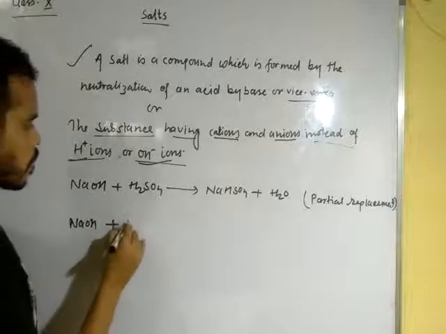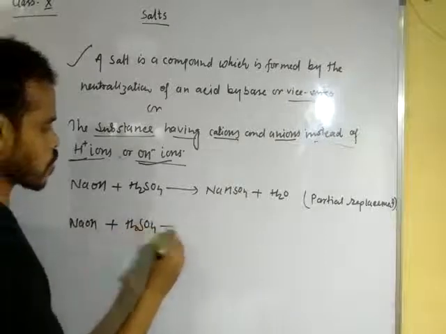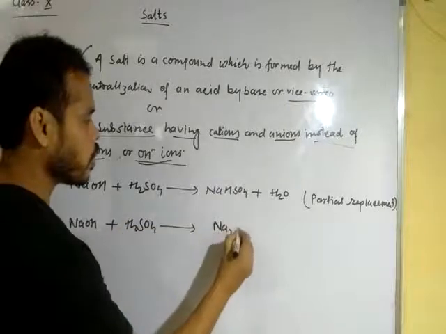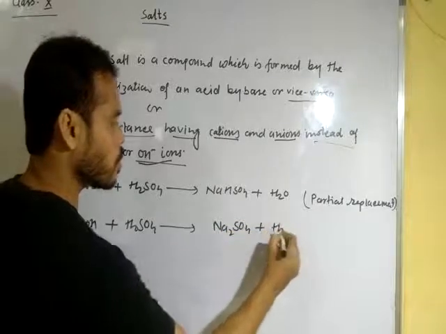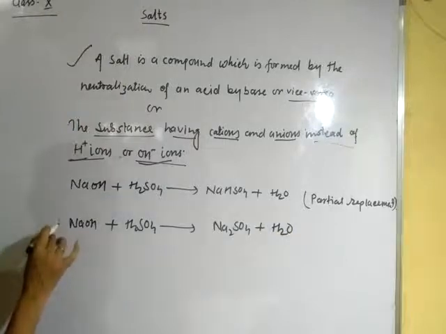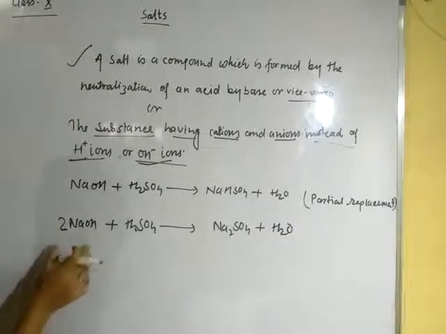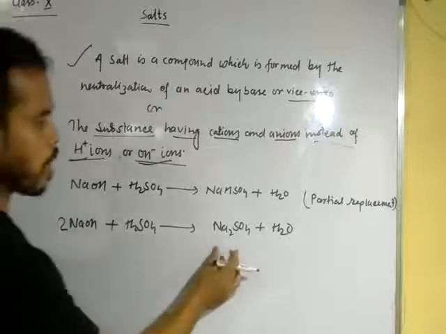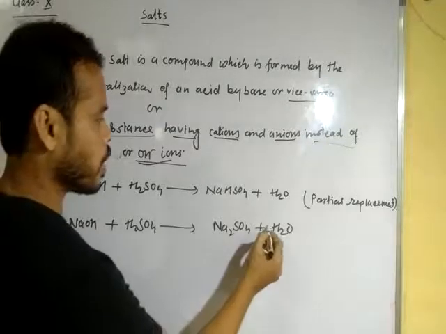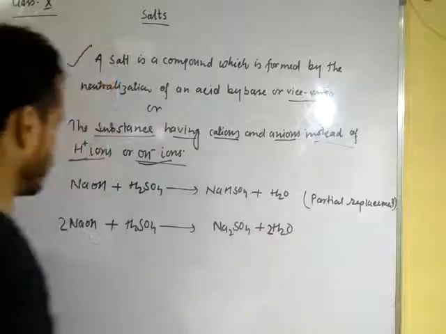Another example: when NaOH is taken in excess amount to react with H2SO4, it forms Na2SO4, sodium sulfate, and H2O. To balance this reaction, multiply H2O with 2. That means when excess NaOH reacts with H2SO4, it forms sodium sulfate and two H2O molecules.